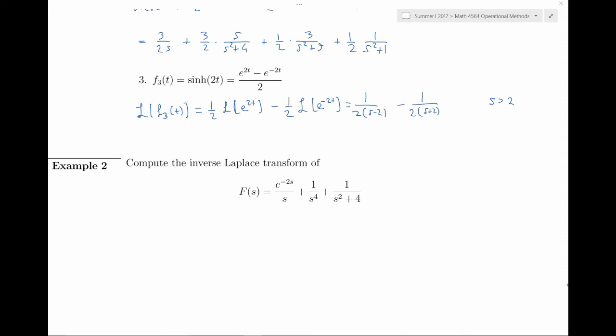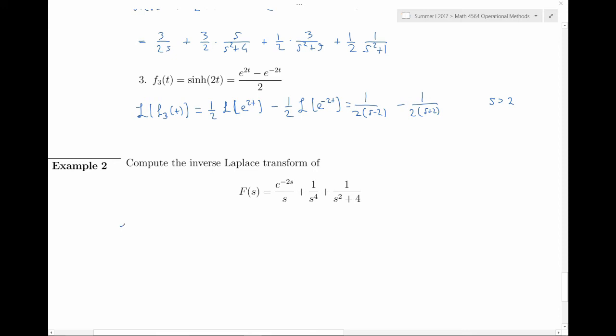So we have seen that terms like the first one come from shifted Heaviside functions. A term like 1 over s to the fourth is probably coming from the Laplace transform of t cubed. And terms like s squared plus 4 look like the Laplace transform of something like a sine.